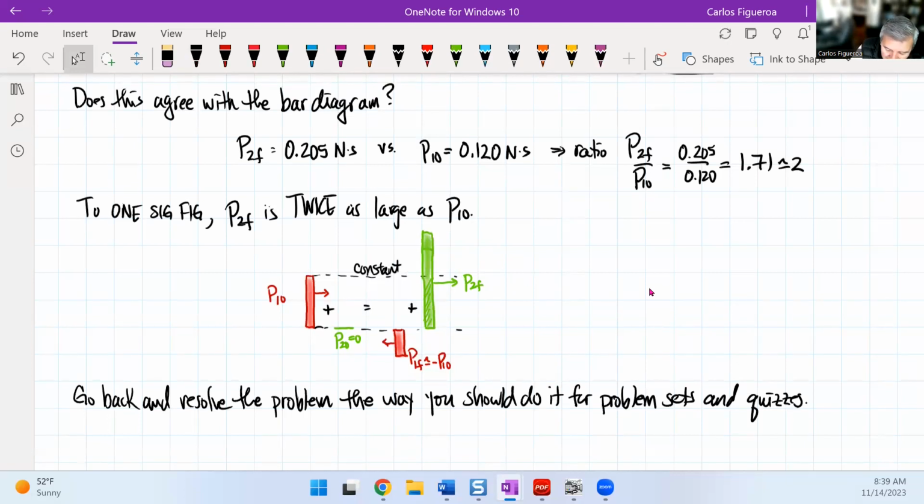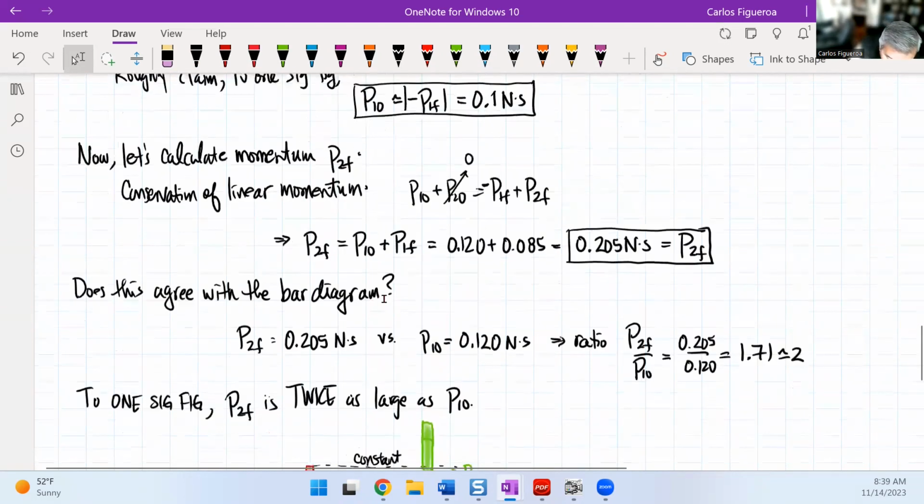There's a lot of conceptual stuff in here, just showing you that those bar diagrams are very, very accurate.